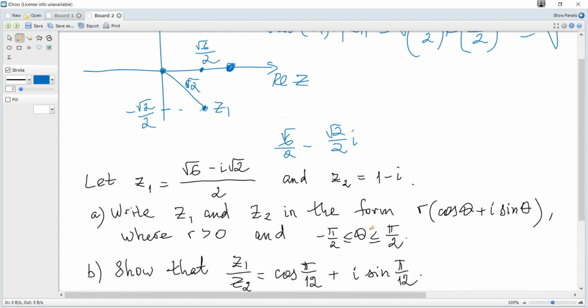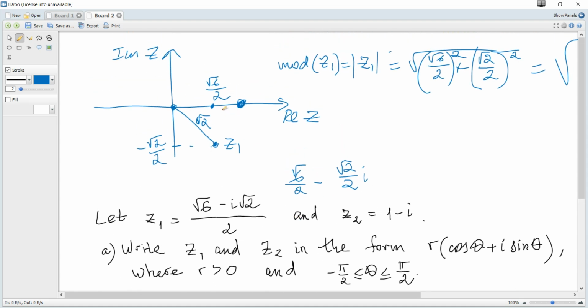But you remember, for any argument you can add or subtract any number of full revolutions, 360 or 2 pi. So as usual, we consider a small right angle triangle to find this angle. It may be a supplementary angle, and then from this diagram you give the final value of theta.